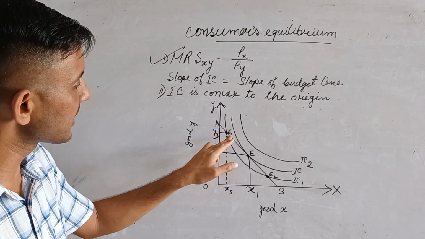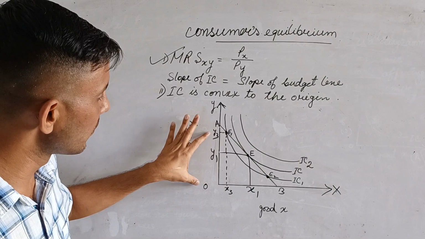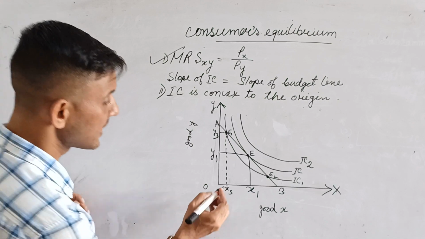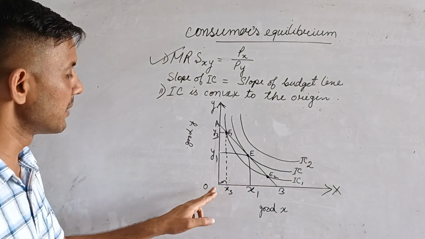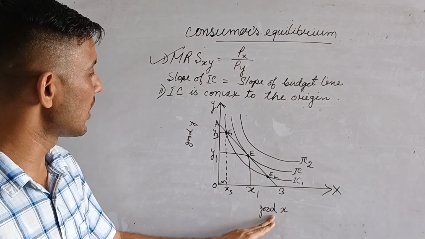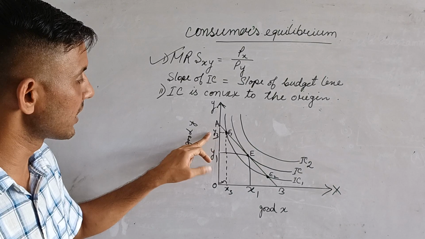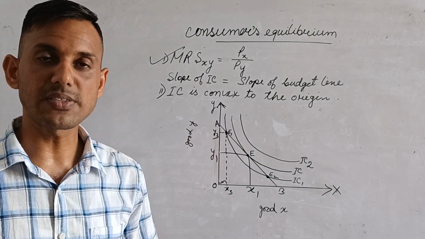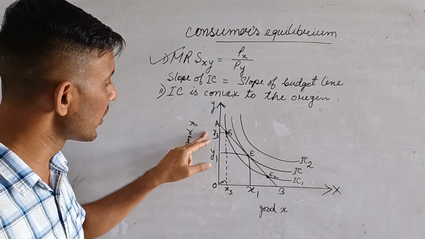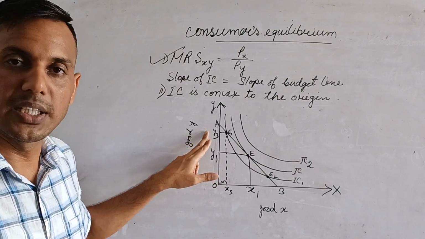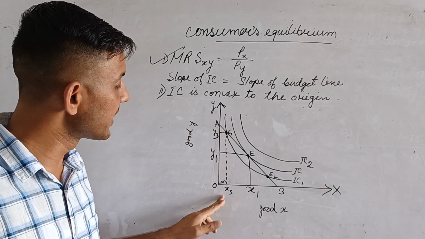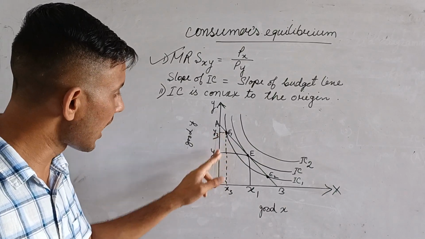If you consume at point E1, you are consuming more of Y commodity and very less of X commodity, only OX3 of X and OY3 of Y. We already discussed that if you consume more, then satisfaction decreases. So you are consuming more of good Y, and you will try to reduce this consumption and increase your X consumption.